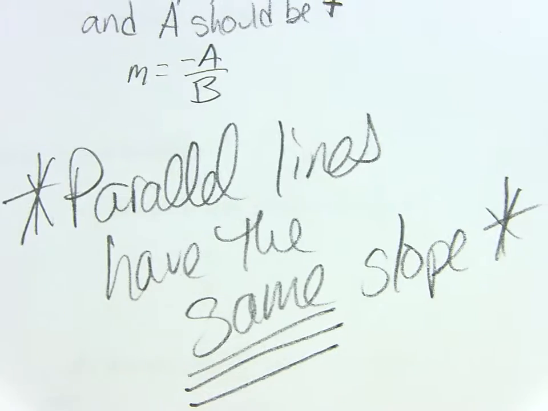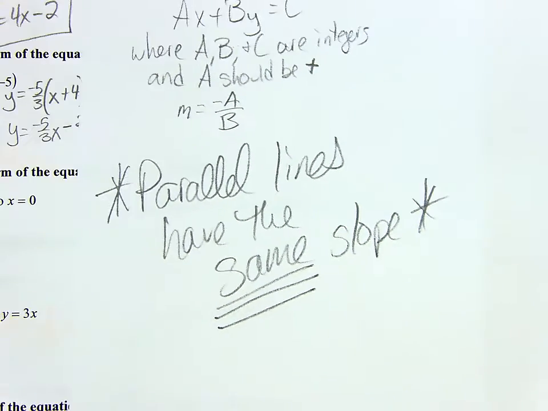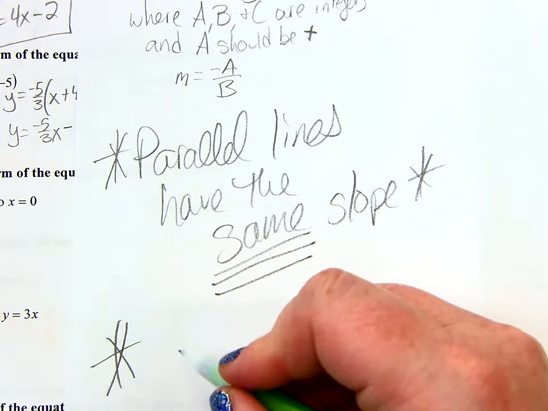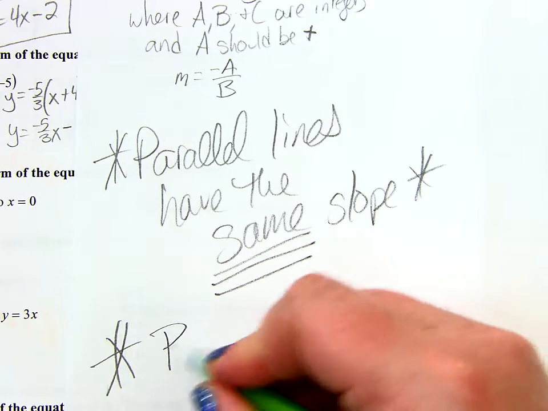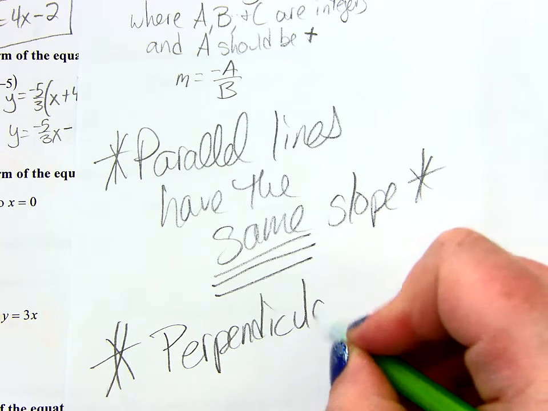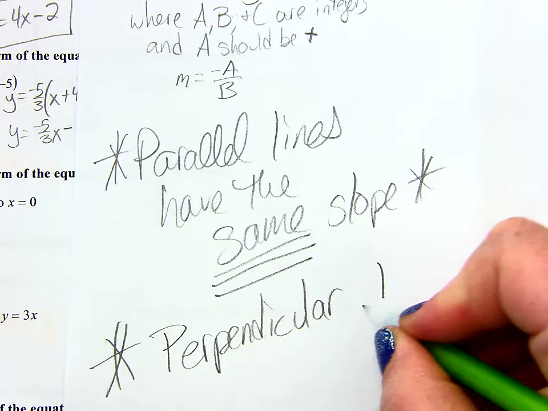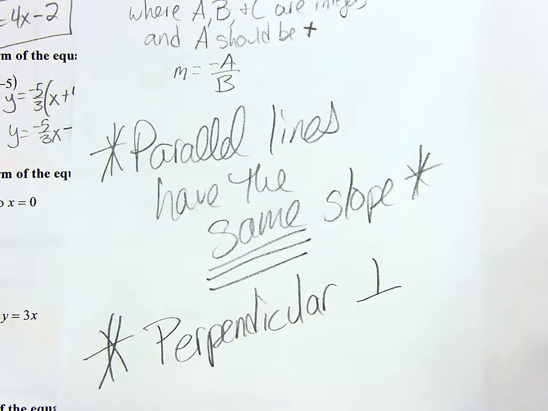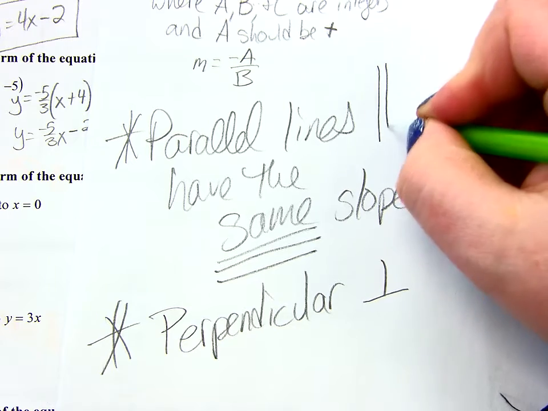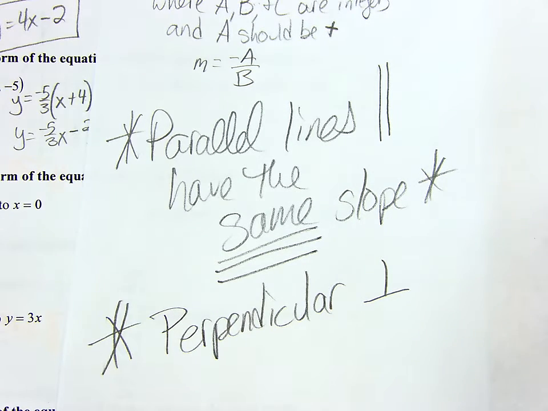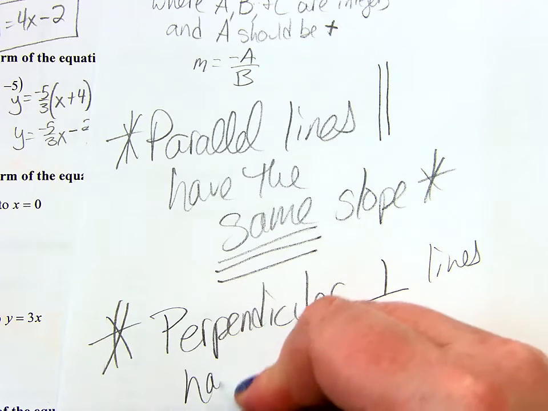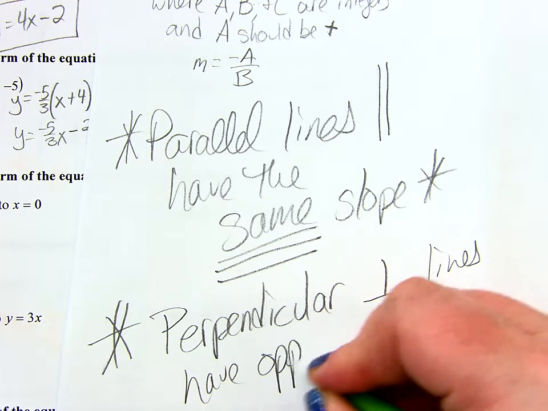And since we're on the topic, parallel lines have the same slope and perpendicular lines have what? Yes, perpendicular. Do you remember the symbol for perpendicular? Yes, upside down T, capital T. So that's the symbol for perpendicular. Parallel, it's just 2 long lines like that, right? So perpendicular lines have opposite reciprocal slopes.